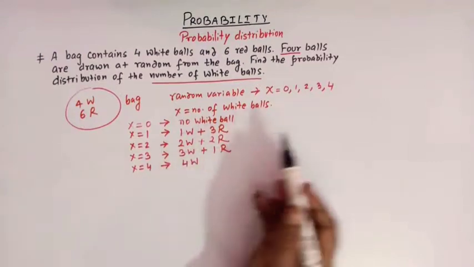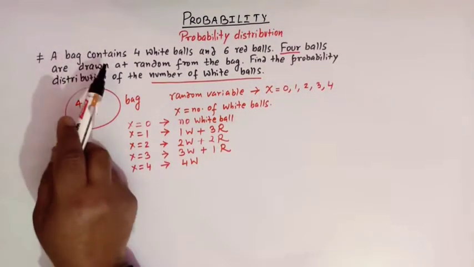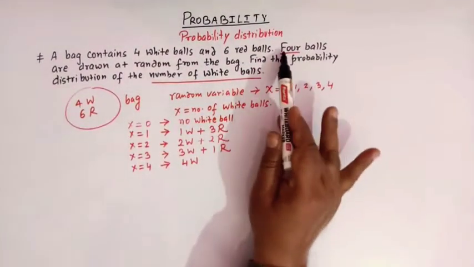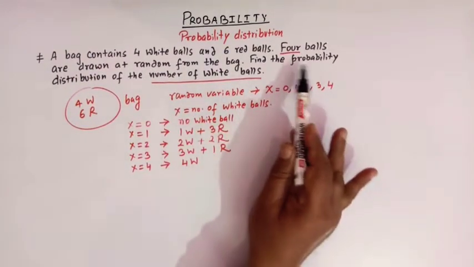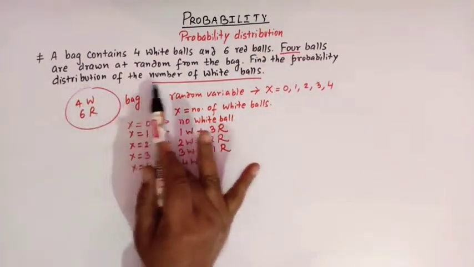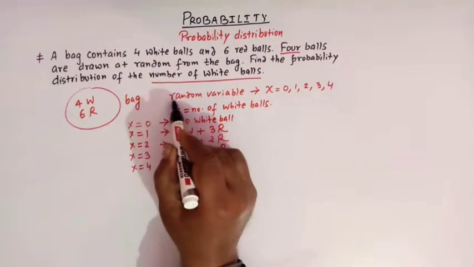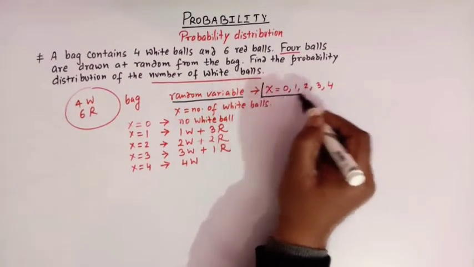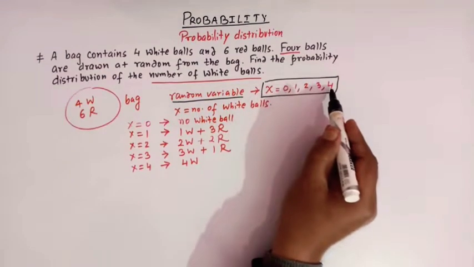So let us read this question once again. A bag contains 4 white balls and 6 red balls, and we have to draw 4 balls at random from the bag, and we have to find the probability distribution of the number of white balls. So we have introduced the random variable x, and this x can take the values 0, 1, 2, 3 and 4.